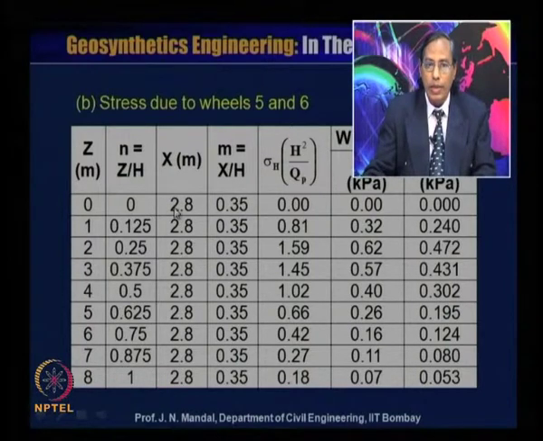You know x and h, because x is constant 2.8 and h is also constant 8 meter. So x by h is equal to 0.35, constant all along this depth.